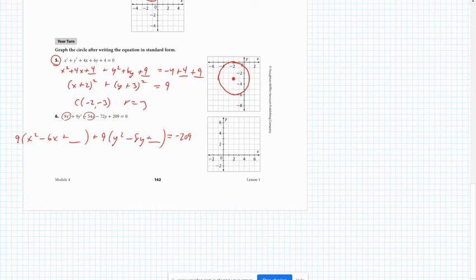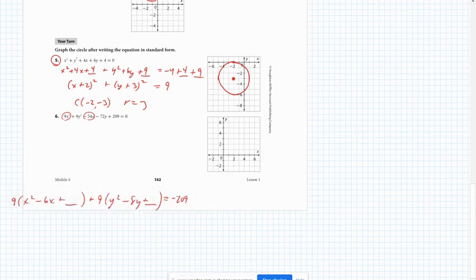And then we have to have 9 in front of the blanks on this side also. So I'm going to need a little bit more room. I'll move this down here. And so we're going to have plus 9 times blank plus 9 times blank.